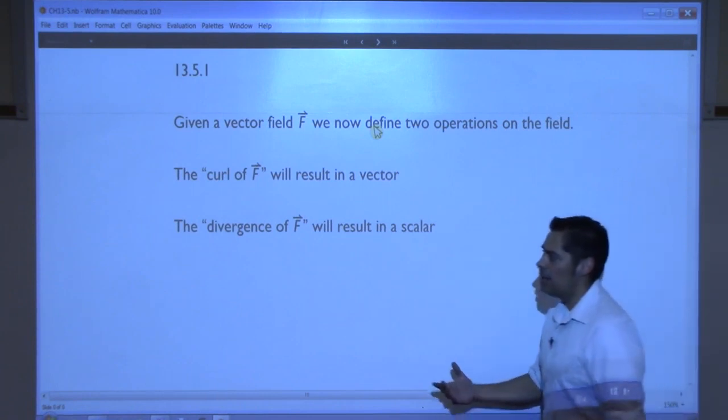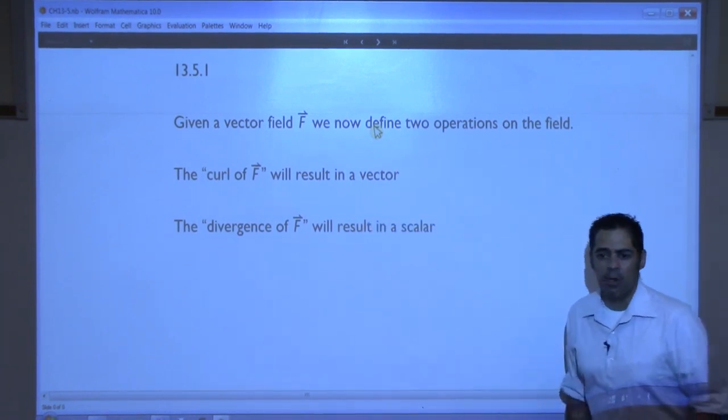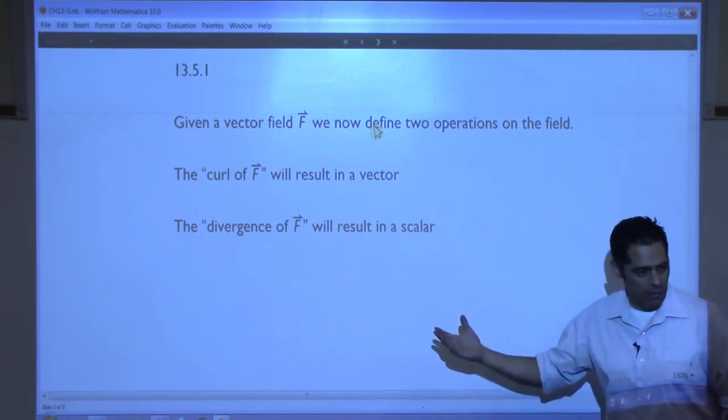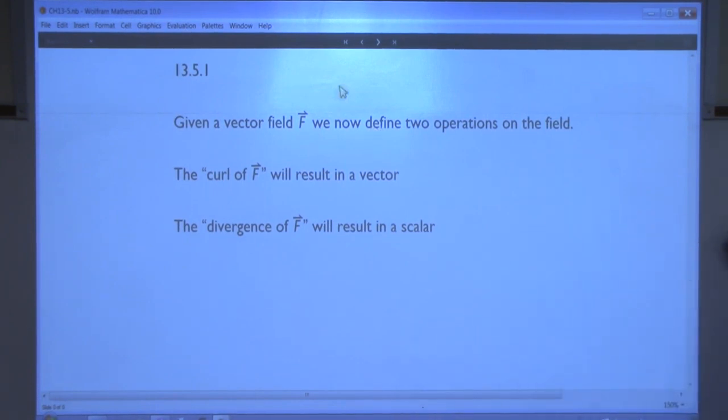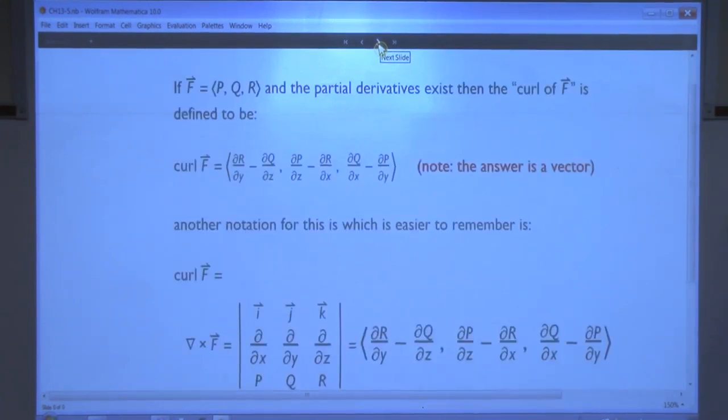When we calculate what's called the divergence of the vector field, we're going to get a number, a scalar. And what they mean is what I'm going to try and show you. And then I'll show you how to compute them. Or you know what? I'm going to show you how to compute them first. Well, what do you want to see? The computation, or you want to know what they are first? You want to know what they are? Okay. Curl.